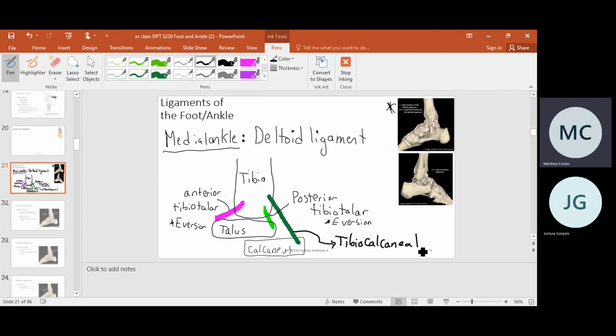Right? So here I have my patient. Okay, patient, how did you get hurt? Well, first question I need to ask him is where does it hurt, right? So if I have pain on the medial side, I should be thinking about medial side structures. Makes sense? We've already talked about the relationship between knee flexion and dorsiflexion, right?